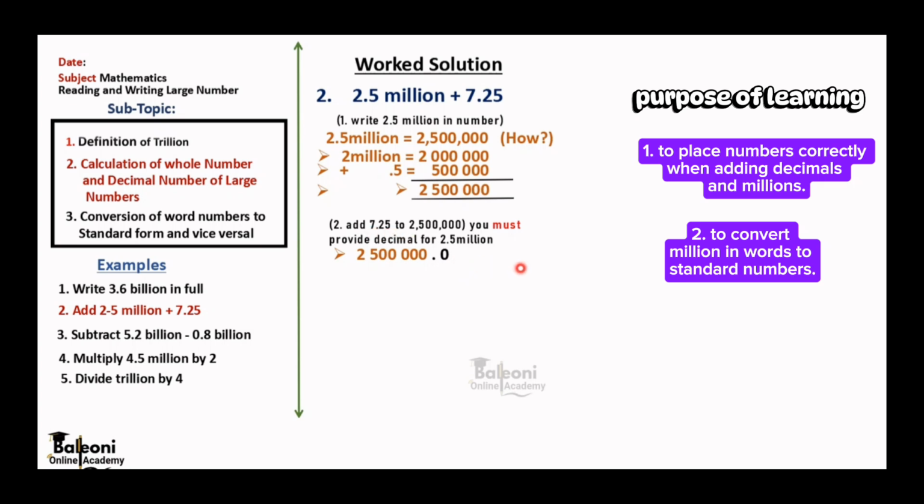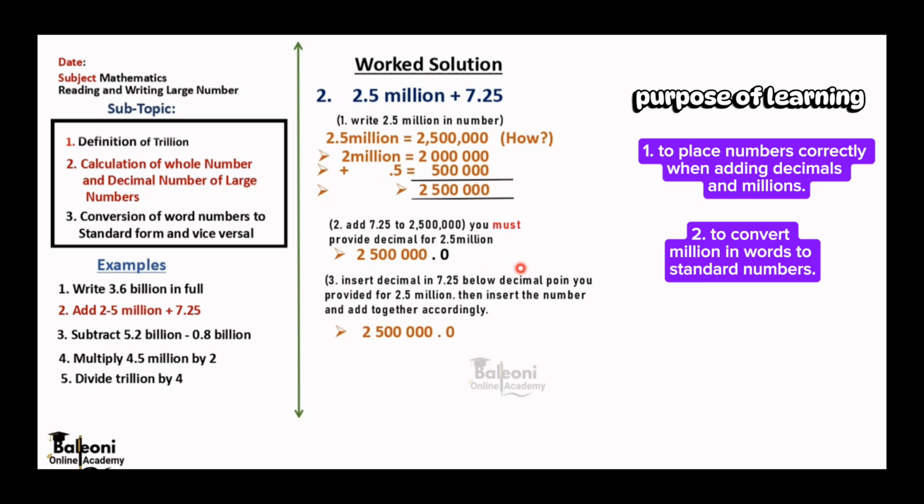So the next thing is to arrange 7.25 under the figure we have at the top here. So 7, which is a whole number, will be under units here. And we place our decimal point. I will advise that we should first place our decimal point here before we place 7.